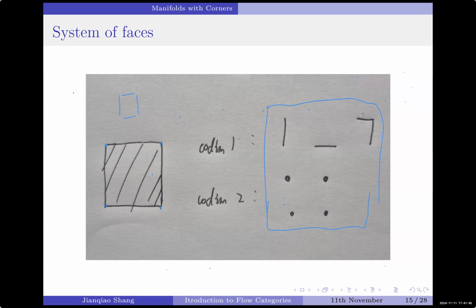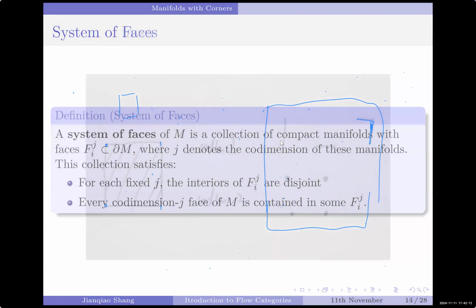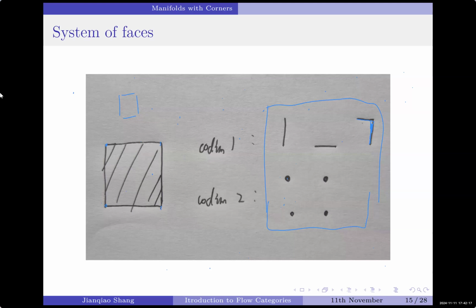This manifold itself is not a manifold with corners. Yeah, you are right, I made a mistake here. I wanted to simplify some definitions, but in fact the definition is a little more complicated.